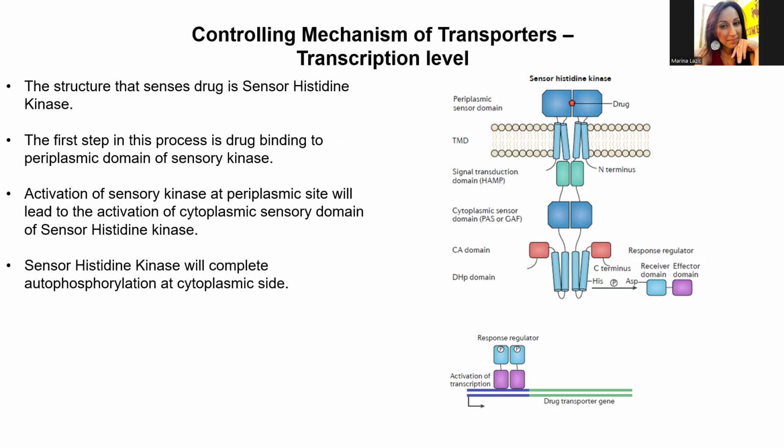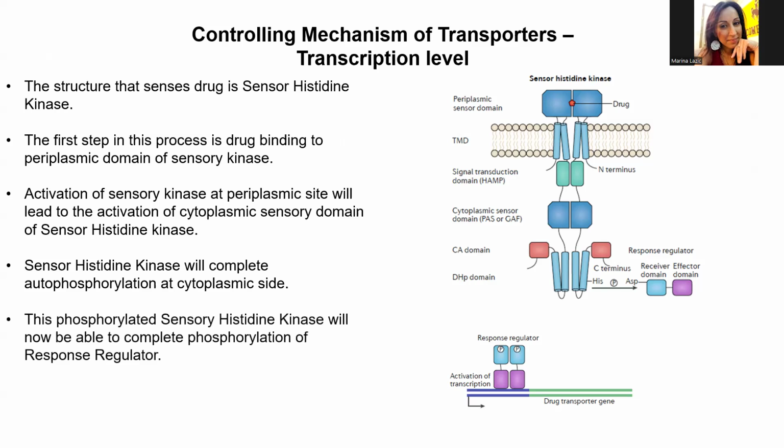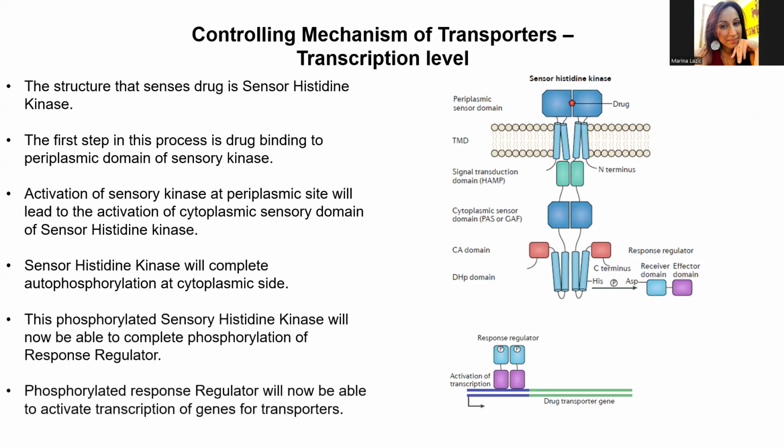This histidine is usually on the cytoplasmic side. That phosphorylated kinase, on histidine, is now able to complete phosphorylation of the response regulator, which is inside of the cytoplasm. And that response regulator is usually phosphorylated on aspartate, because only an aspartate-phosphorylated response regulator can go down and act on certain genes to initiate certain transcription.